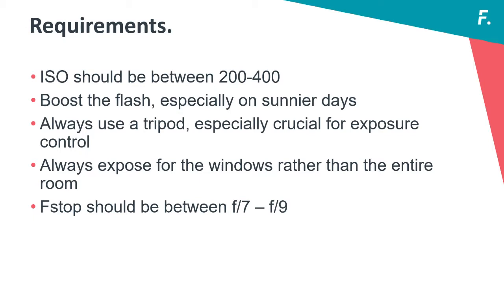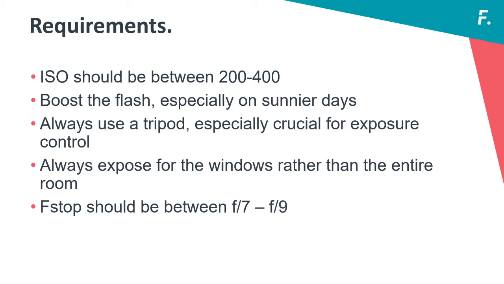So it is absolutely crucial to use a tripod when you're adjusting your shutter speed. If you're going for longer shutter speeds, having a tripod is pretty much non-negotiable. It will also help you with your ISO, your composition, and everything else. So definitely use a tripod.